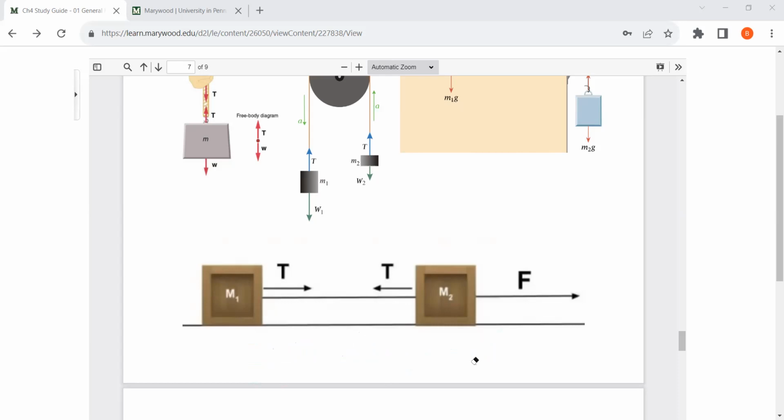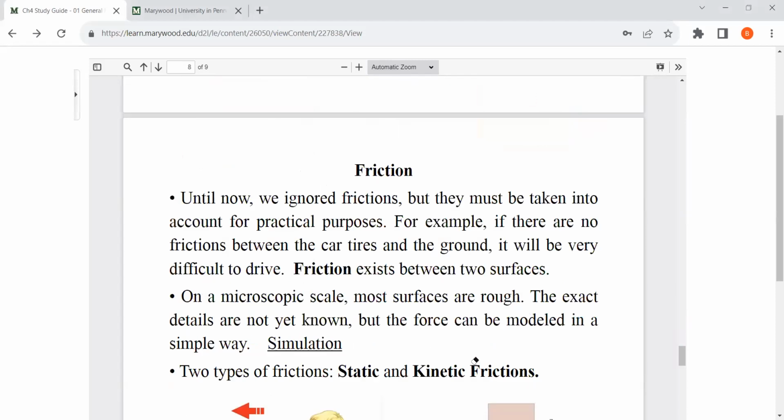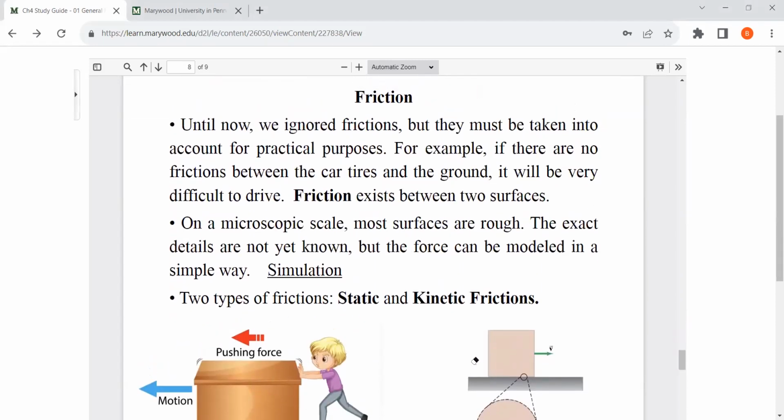All right, the last thing we are going to learn here is friction. So far we have basically neglected friction, but we cannot avoid friction, so we need to understand it.